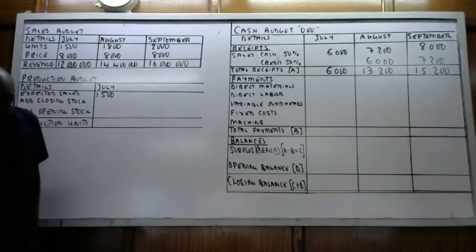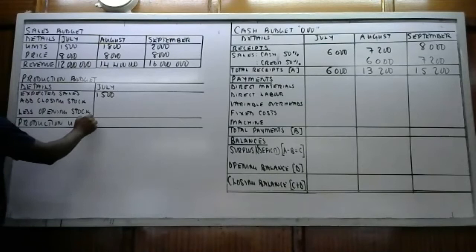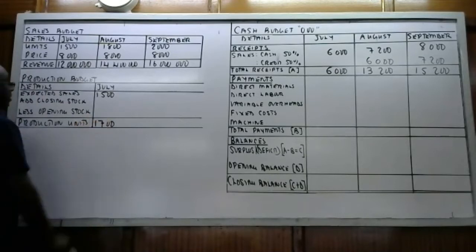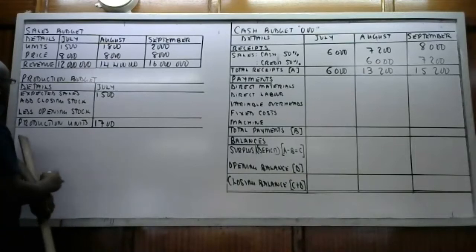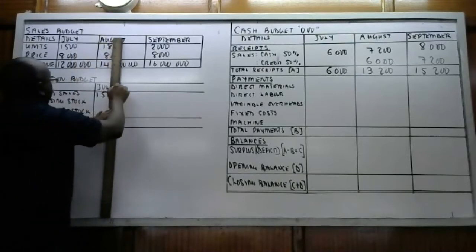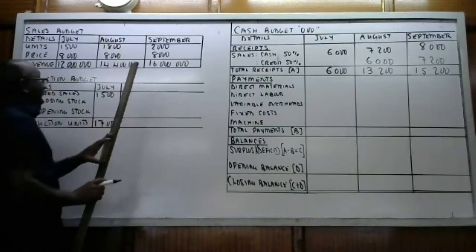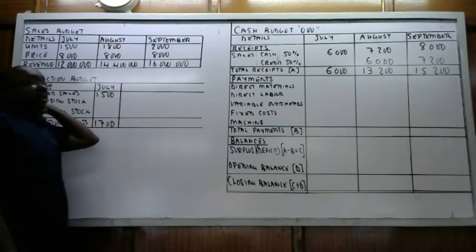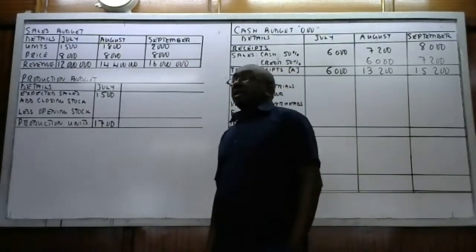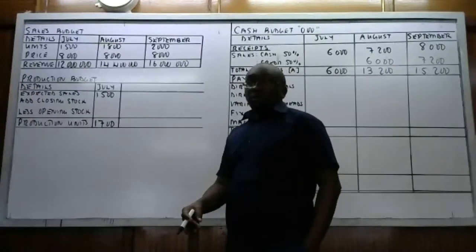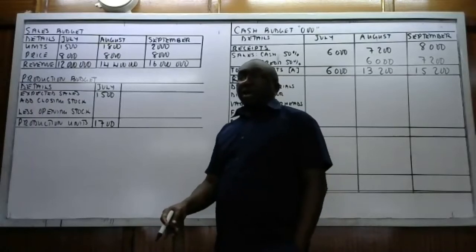But we know production was 1,700. I told you when you are dealing with the stock budget, and they have not mentioned about the stocks.